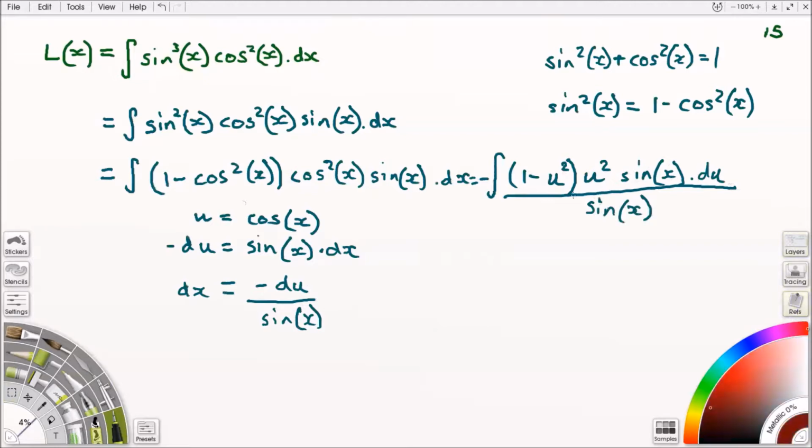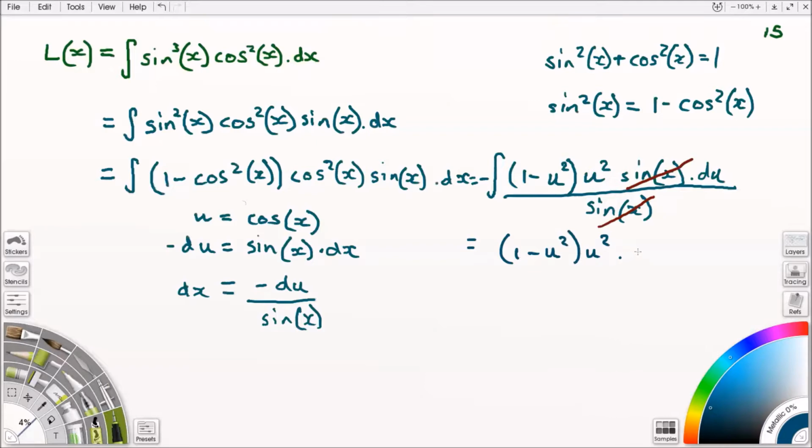And we can do exactly what we wanted. This is why I'm saying it's so important to know your trigonometric identities, because now that we're integrating with respect to u, it's become a lot easier.